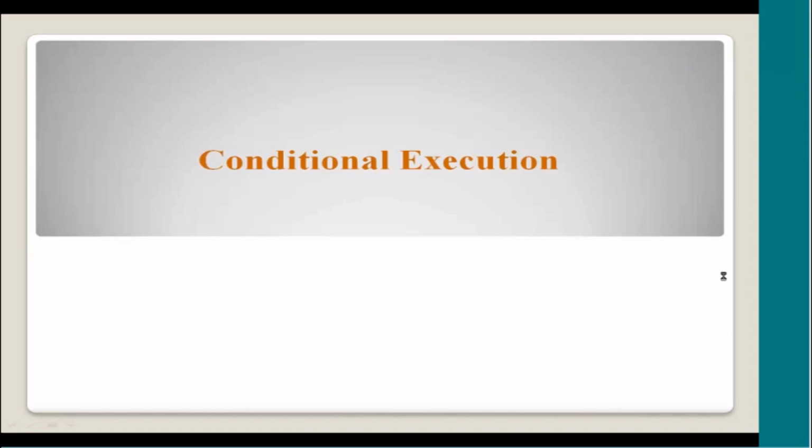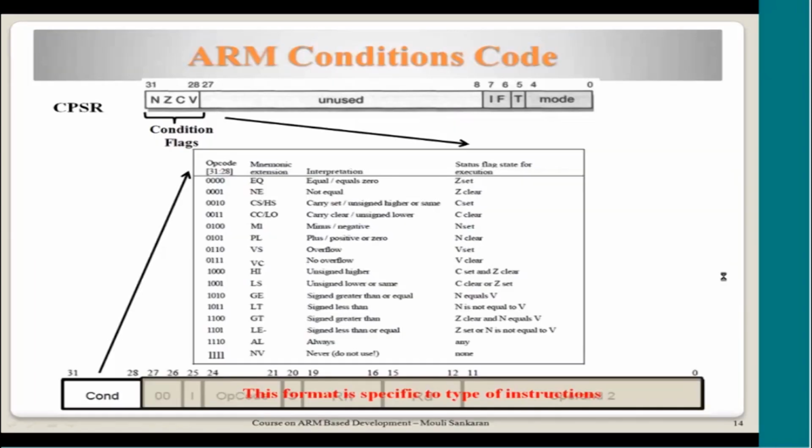Now there is another concept which I am going to talk about: conditional execution. This is also very unique in ARM. You have to understand the difference between this and the previous thing I mentioned. What I mean by conditional execution is that every instruction, whether it is a compare, add, multiply or AND operation, anything, has an instruction format.